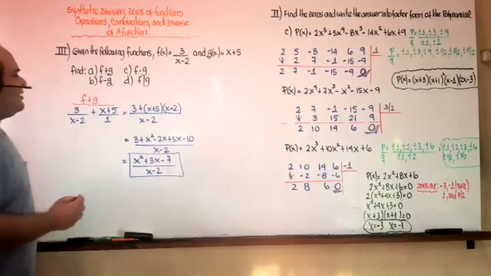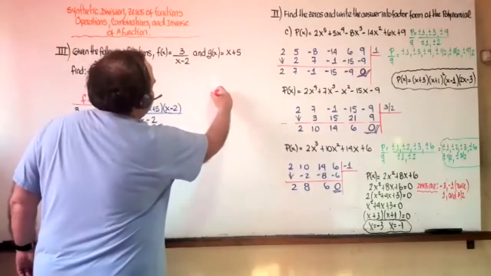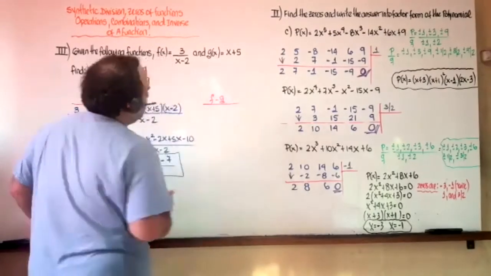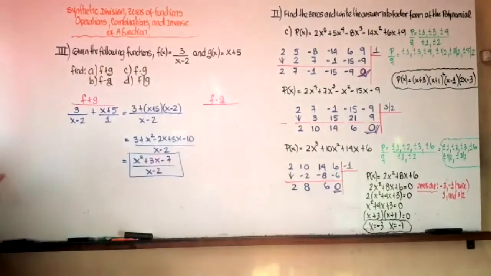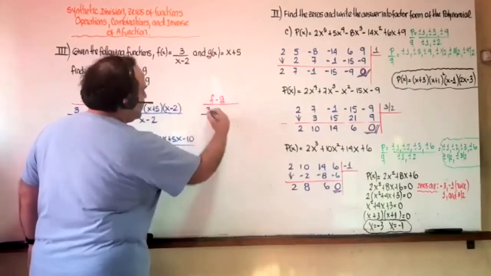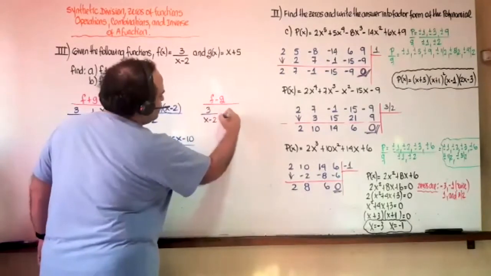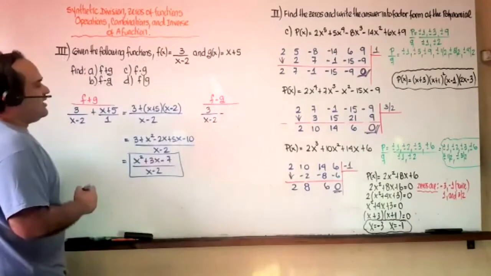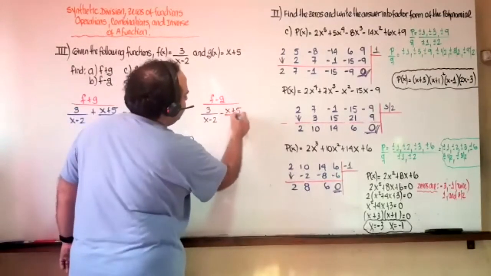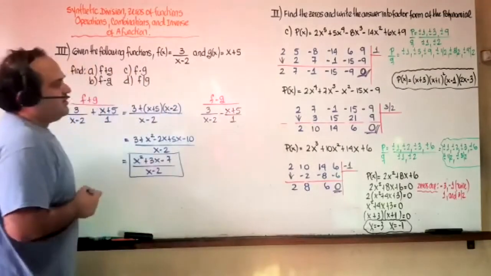How about the second one, f minus g? In f minus g it will be the same situation, but instead of adding, we must subtract. I mean, 3 over x minus 2, subtracting x plus 5, and we have the number 1 as an imaginary denominator.